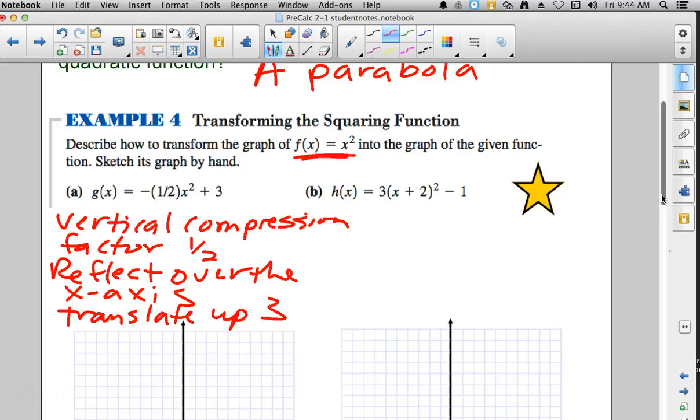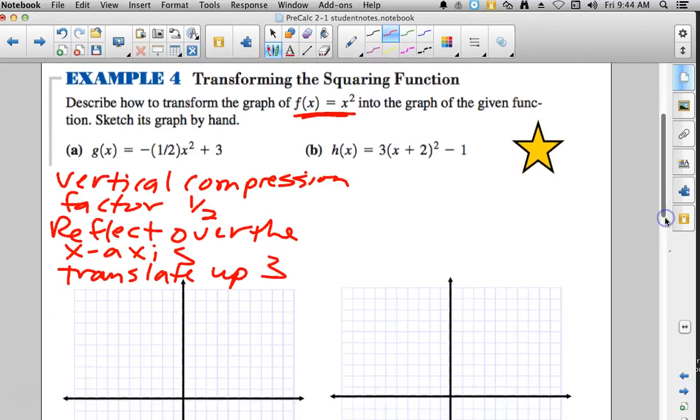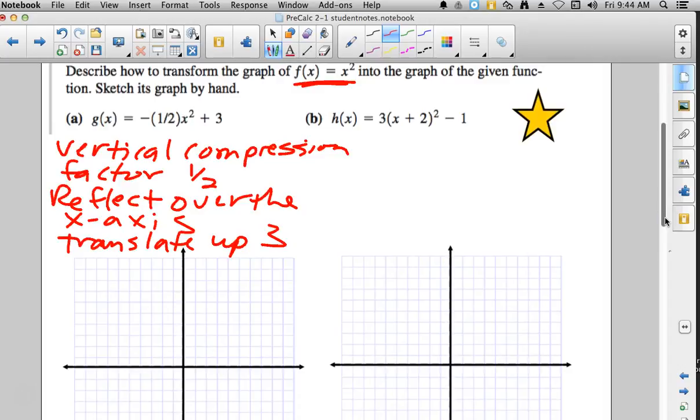And this said sketch its graph by hand. I guess I'd like to do a little bit better than that because I want to remind you how we go about graphing something like this. What we do is we consider a part of the parent function for the shape. So when we graph this, we're really going to graph y equals negative 1/2 x squared.